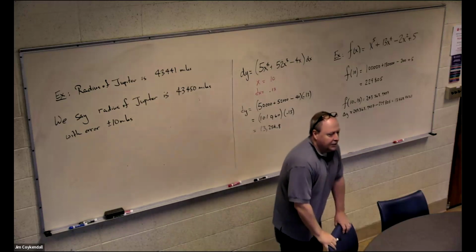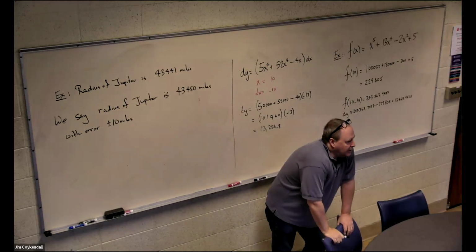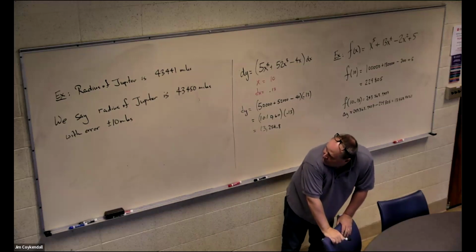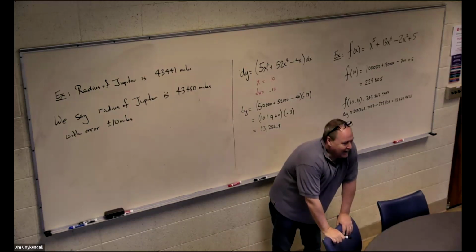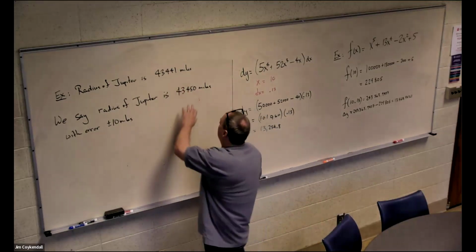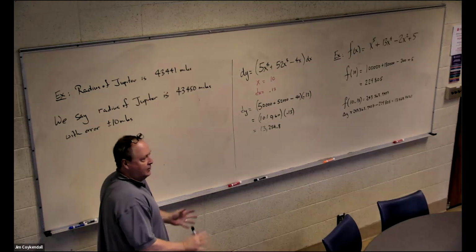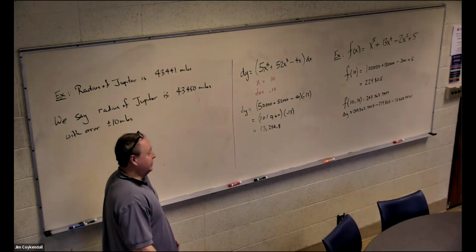Let's suppose, just for giggles, that we can measure the radius of Jupiter, and we say it's 43,450 miles. To account for this, I'll say it's got an error of plus or minus 10 miles. Right? So we're saying we measure the radius of Jupiter within 10 miles, seems like a lot, right?